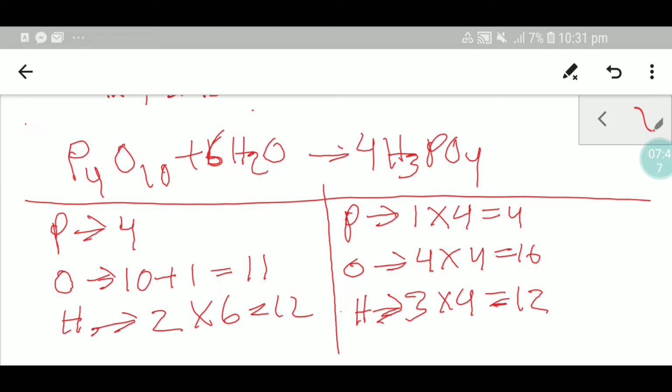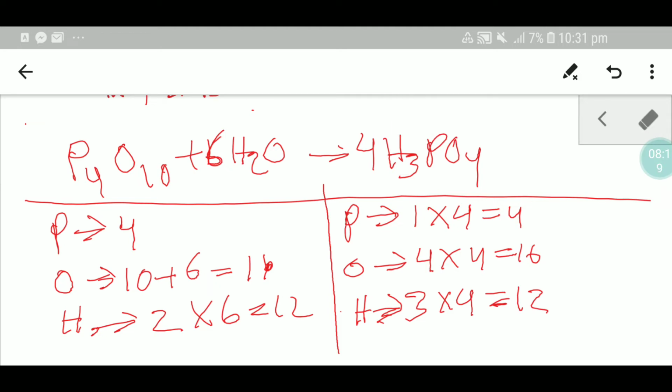If I place 6 here, the number of oxygen will be updated. So I am getting 6 oxygen here, and already I have 10 oxygen. So I have to change the 10 oxygen plus the 6 oxygen. Totally I am getting 10 plus 6, that is 16.